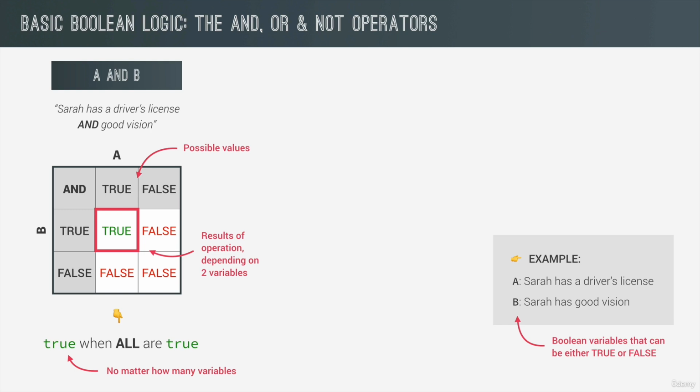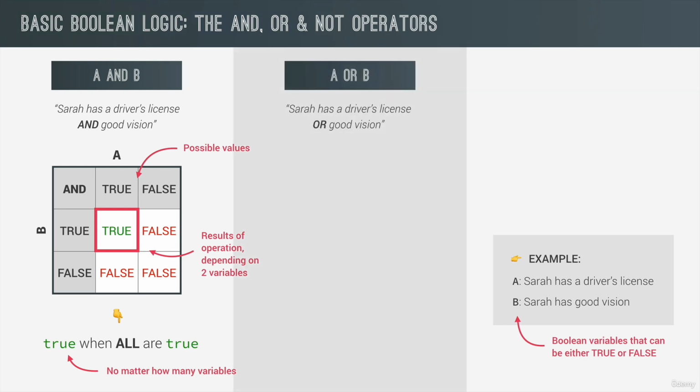Now, moving on, we also have the OR operator, which kind of works in the opposite way. So with our current example, we could use the OR operator to determine whether Sarah has a driver's license or good vision. And just by thinking about this, we can already intuitively imagine that the OR operator will be true if just one of the variables is true.